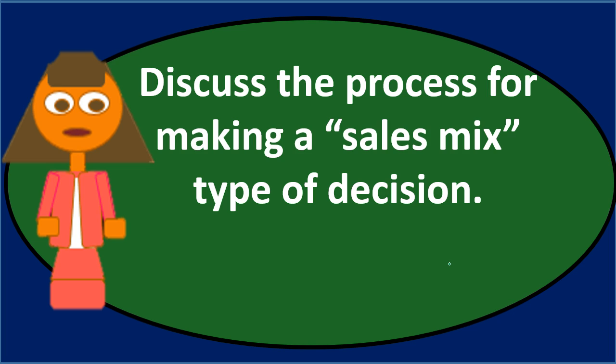So then we might want to consider the contribution margin per bottleneck, machine hours or labor hours. We do the calculation of the contribution margin per unit, then think about how many hours it takes to produce, machine hours or labor hours, and then calculate the contribution margin per machine hour or labor hour.